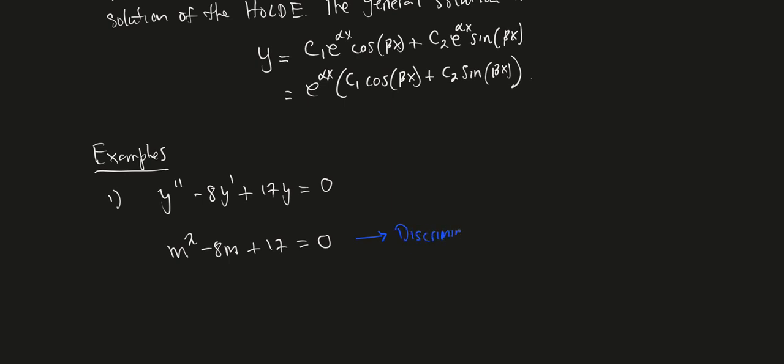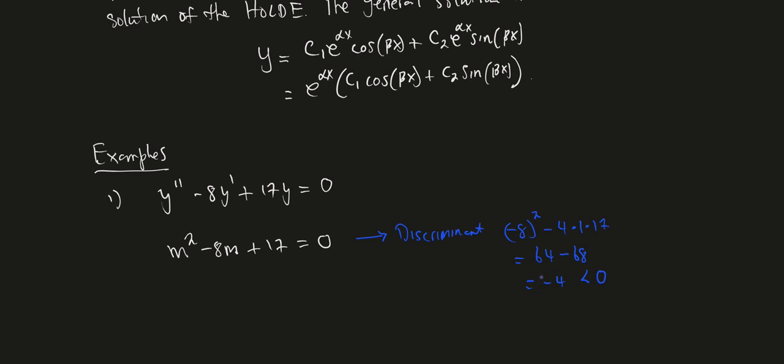But if we check our discriminant, again, if there's any doubts about it, you can always check the discriminant of your quadratic and it will tell you what's going on. So in this case, it's going to be negative 8 squared minus 4 times a times c. So we got 64 there minus 68, which is negative 4, and that's less than 0.